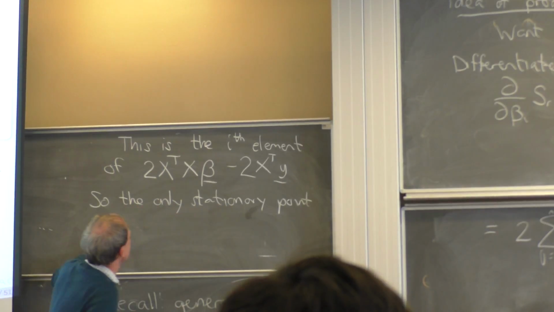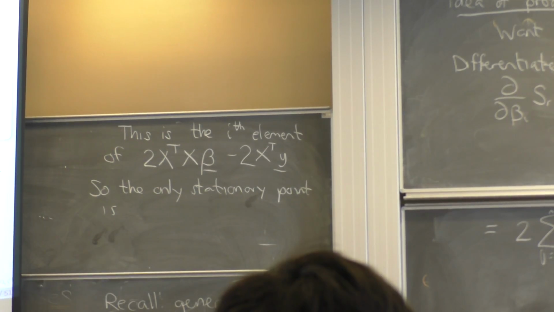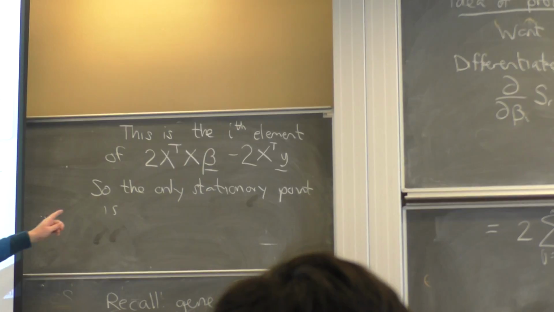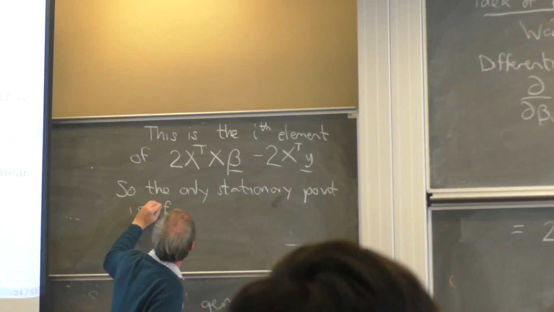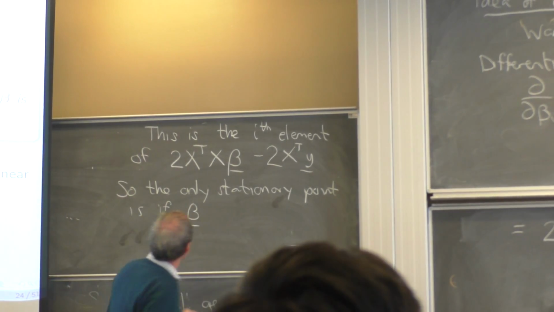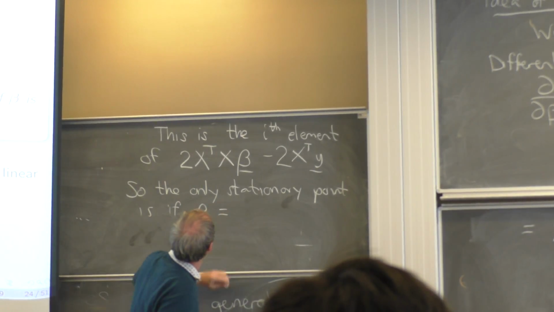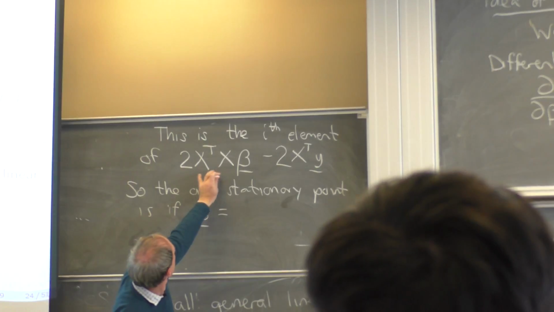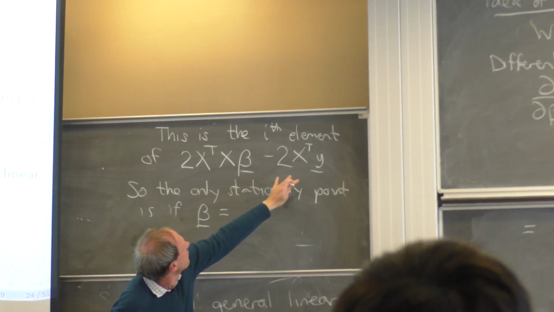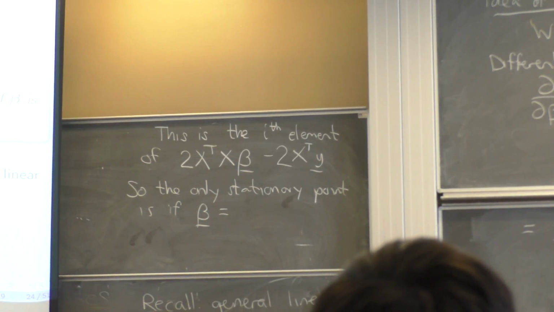So the only stationary point of the function we're trying to minimize is if our beta satisfies x transpose x times beta equal to x transpose times y.